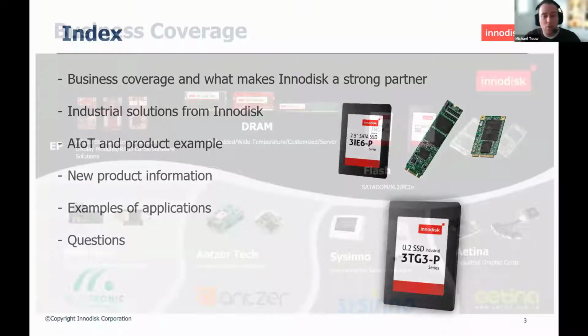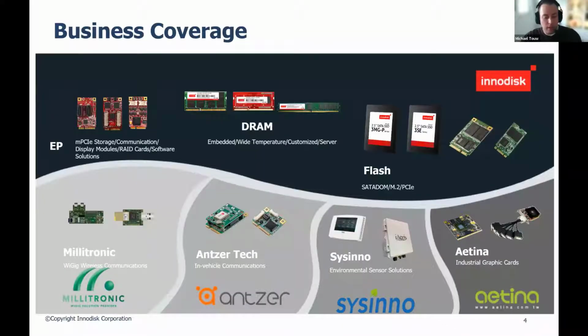To start with the business coverage of Innodisk, I think the people that joined today know Innodisk for their flash and their DRAM, but we do not only have flash and DRAM. Let me get my laser pointer so I can show you. Of course, the DRAM, which we have in embedded, high temperature, customization and server solutions, and our flash in a lot of different solutions, which I will elaborate a little bit further on.